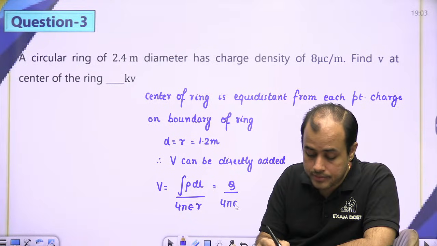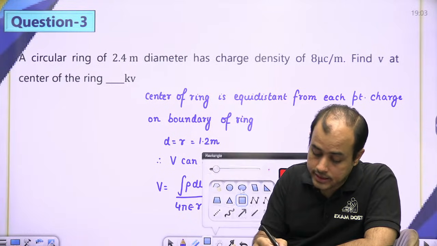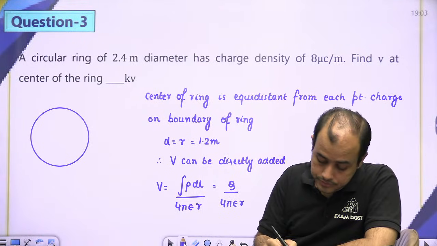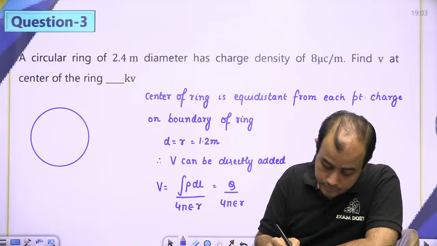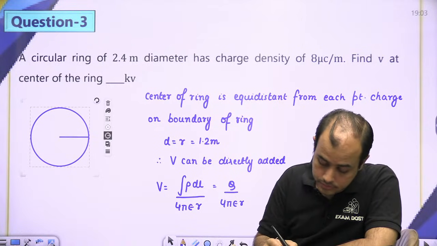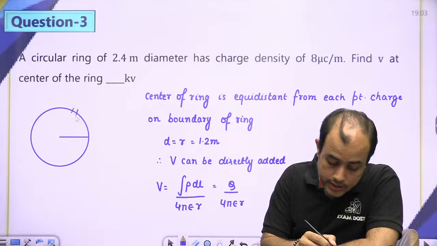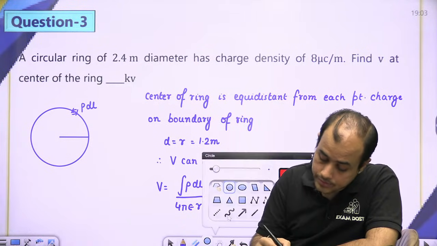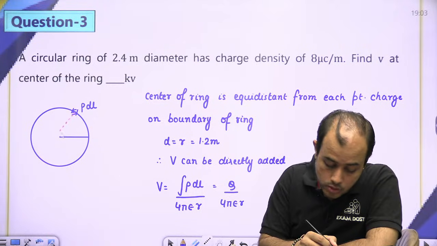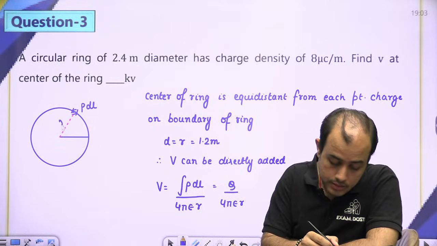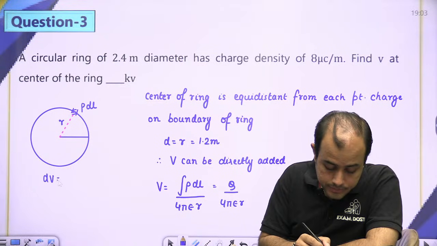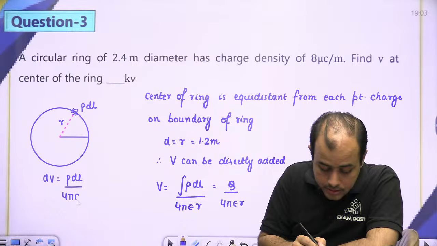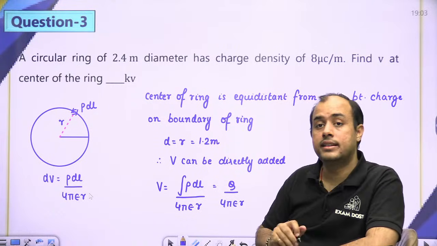सोच करके देखिए. What I am saying is, if you take any charge, ठीक है, the distance will be equal to r. So what is dV? Rho dl by 4 pi epsilon r. Now if you integrate, you will get this.